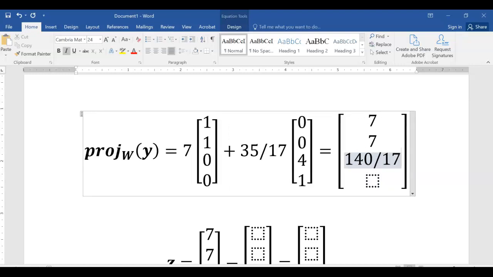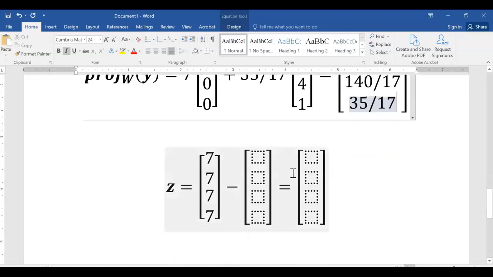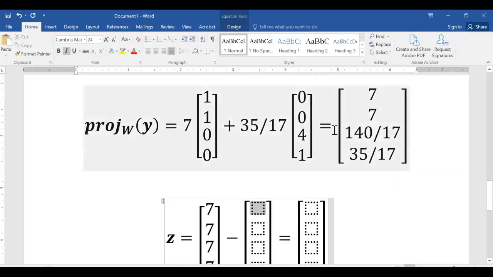Or if you'd rather, you can call that 8 and whatever 17ths it is, whatever the leftover is. And then obviously 35 over 17 is my last value there. Okay, so that's the projection. It's kind of an ugly one. We get ugly fractions, but that's the way it goes.